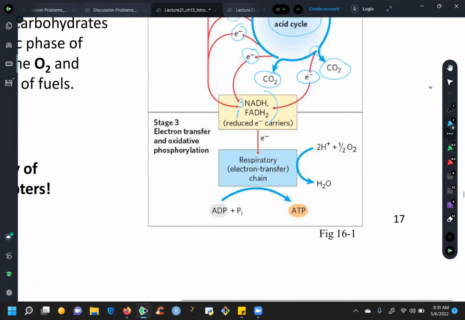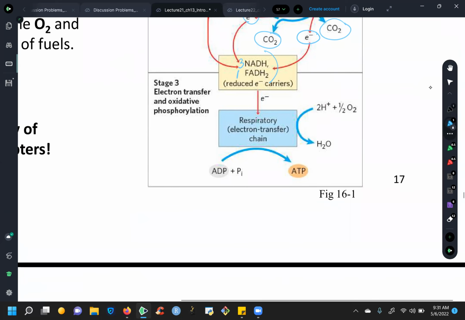And then the very last step is the electron transfer and oxidative phosphorylation. So now these guys can finally fulfill their purpose, and the whole purpose is to donate those electrons to the respiratory electron transfer chain.